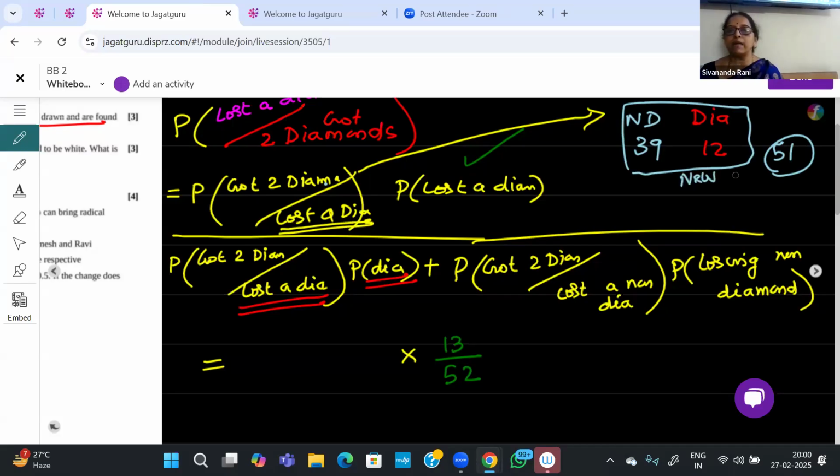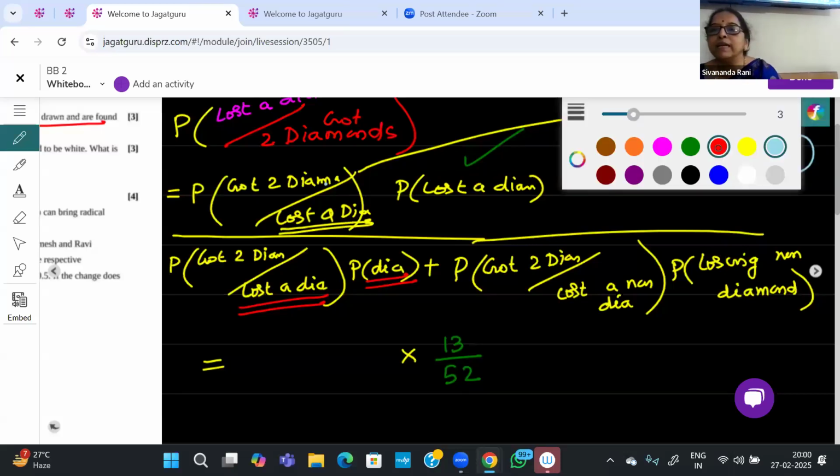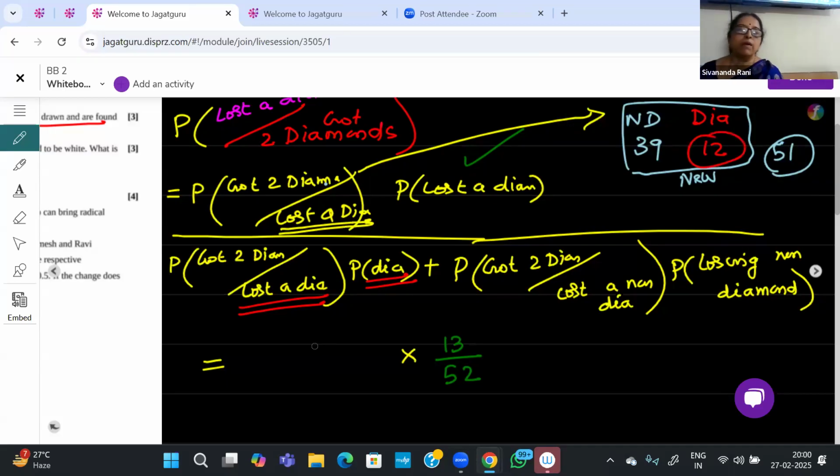In this new pack, what is the probability for you to get two diamonds? Where are the diamonds? Diamonds are here. What is the probability for you to get 2 diamonds in this? 12C2, you are drawing 2 diamonds, right?